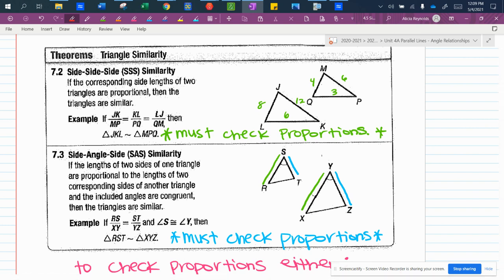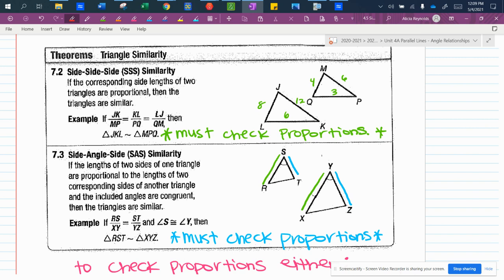So understand that it might not always be something as straightforward as that. It could just end up being two proportions that simplify to the same value. So don't think of it as, oh, I have to be dividing or multiplying by the same whole number. It might not be as obvious when we're looking at our proportion. So make sure that we always follow all the way through with simplifying or solving our proportions.